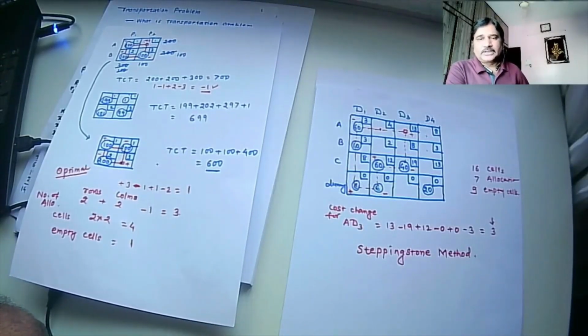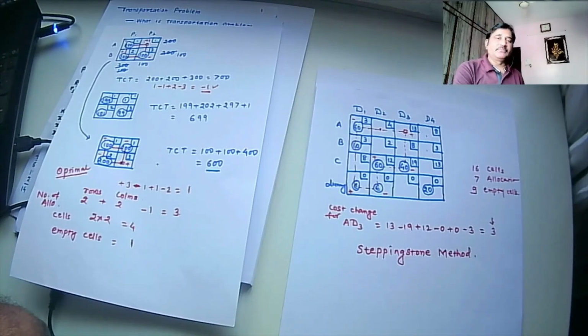Welcome to the fourth lecture on the transportation problem: solution of the transportation problem by the transportation simplex method. So far, in this method, we have seen that we have to do the initial allocation by any one of the three methods which we discussed in the previous class. The first one is the northwest corner rule, the second is the least cost method, and the third is Vogel's approximation method.